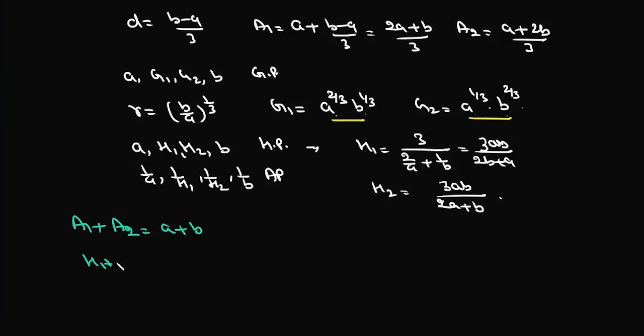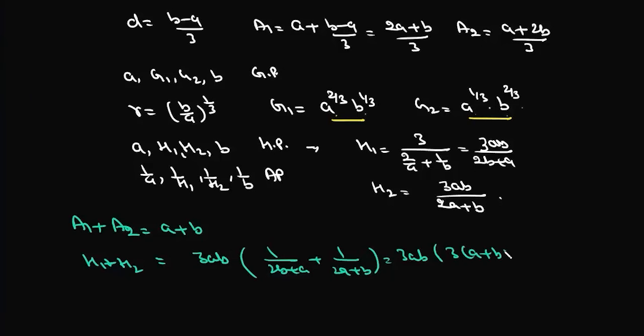And then if we write h1 plus h2, we'll take 3ab common, and then it will be 1 upon 2b plus a plus 1 upon 2a plus b. So it will be this 3ab, and this is 3 times a plus b upon 2b plus a and 2a plus b.